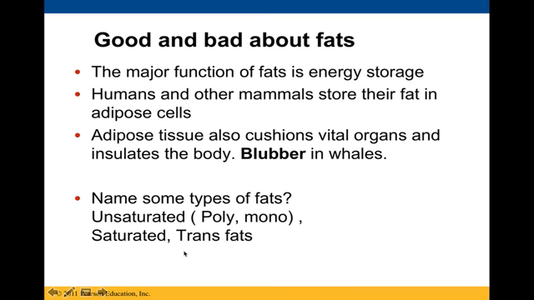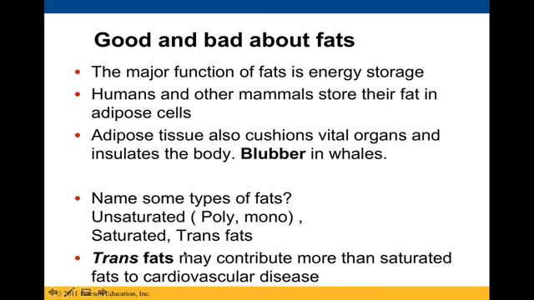Out of all these, which ones are good? Unsaturated fats are quite good, and they are found in nuts, fish oil, plant oils, and things like that. Whereas saturated fats and trans fats are bad. Out of these two, trans fats are very harmful to us.